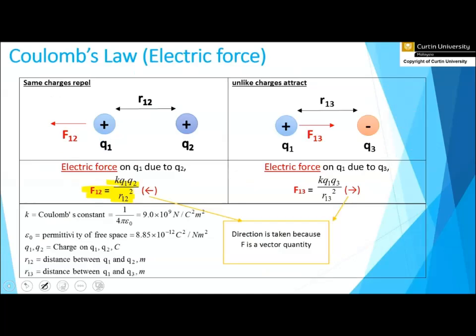Okay, so this constant is what we call Coulomb's constant, and it's given by 9 times 10 to the power of 9. And if you look at the unit here, they are all in SI unit.